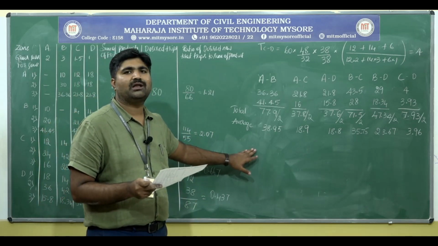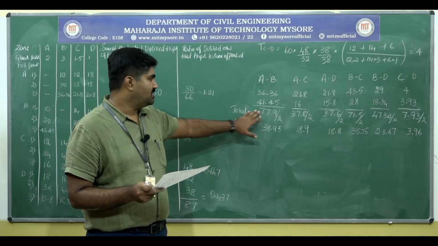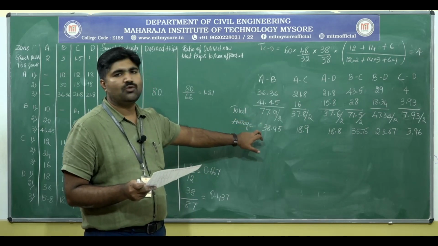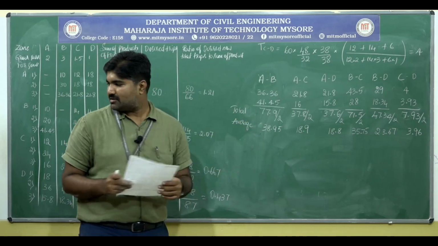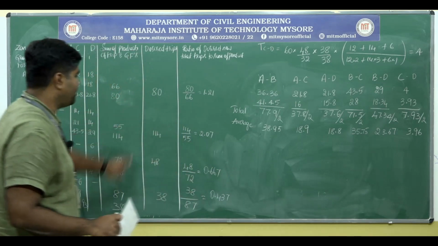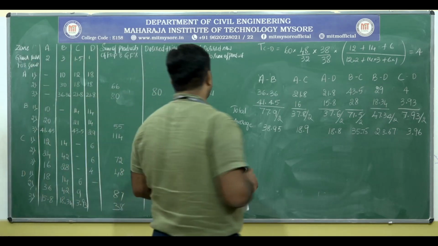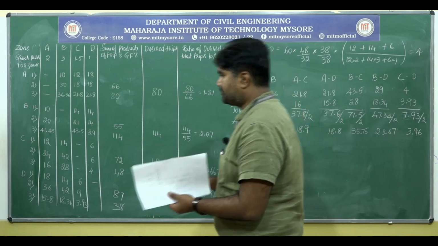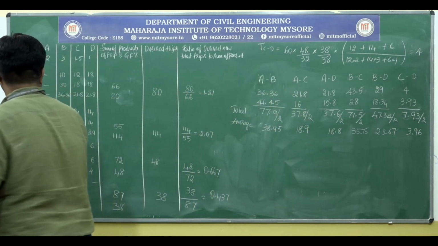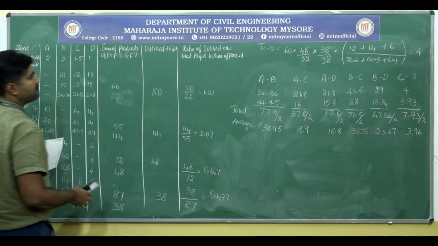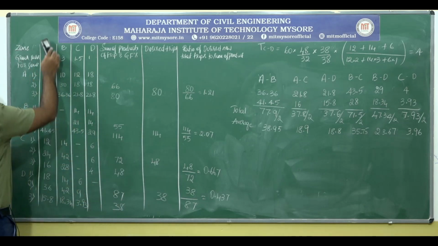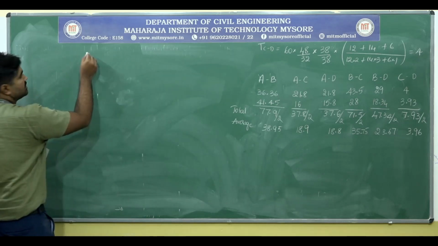Using this we have to plot a new OD matrix. These values will be used to plot the new OD matrix. I think you have all taken this table. I am going to rub this. See the new OD matrix.